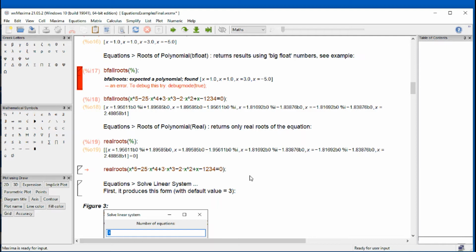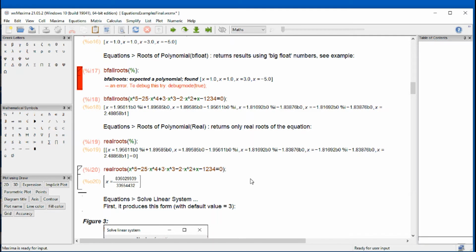complex solutions, if we use the real roots instead of all roots, and we do shift enter, we get only one result, which is the only real solution that you have for that. It is given in a symbolic format as a fraction.